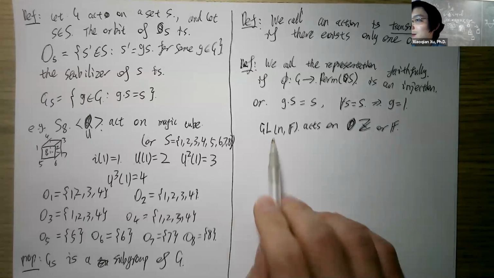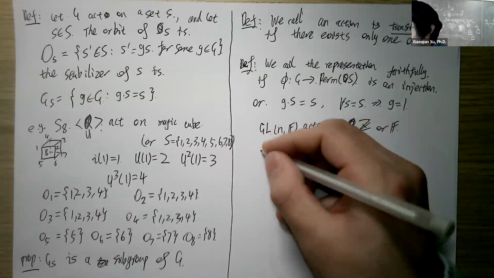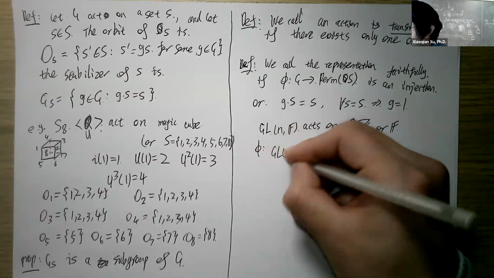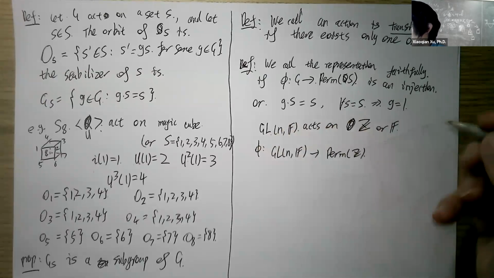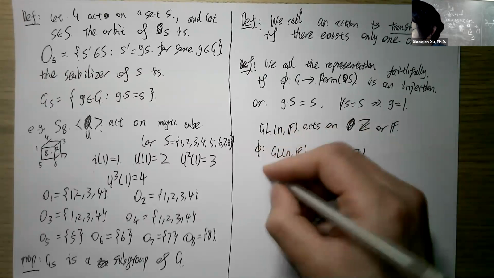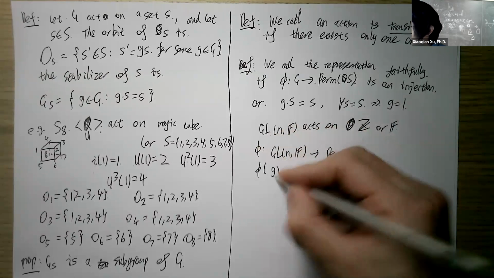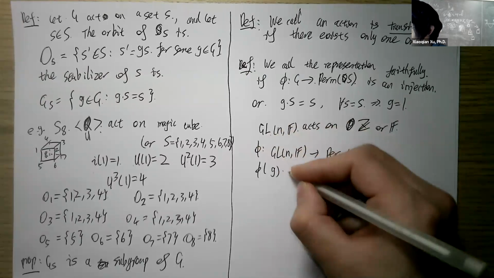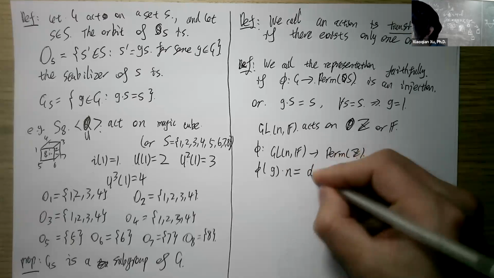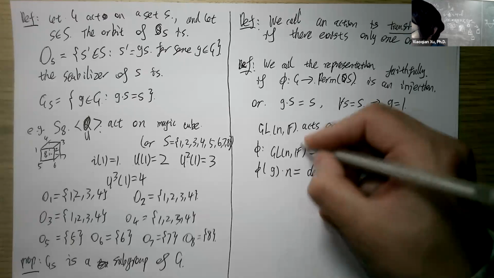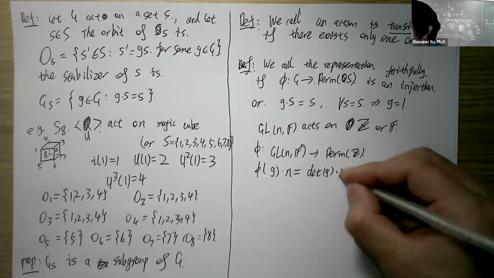And how does it act? We can define phi from GL_n(F) to the permutation group of Z or Z_p by phi of a matrix g acting on an element n of Z to be the determinant of g times n.